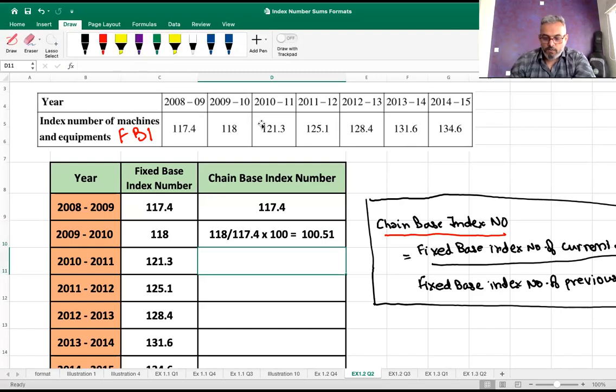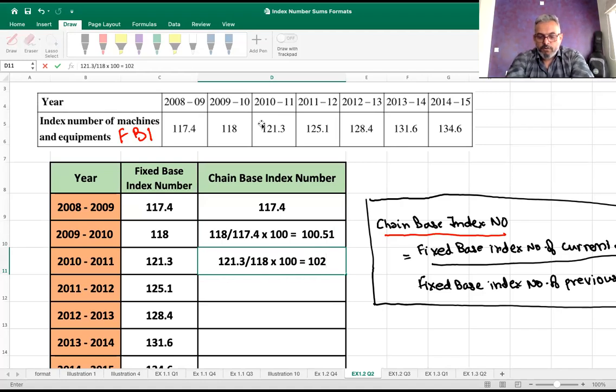Then 121.3 divided by 118 into 100 is equal to 102.796, so 102.80.